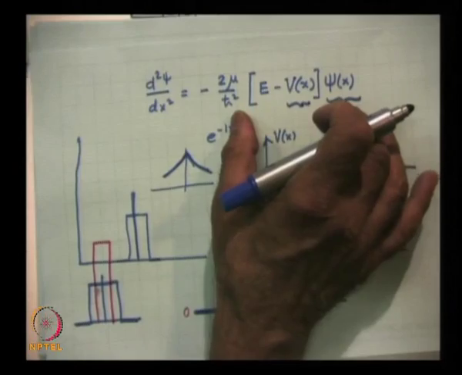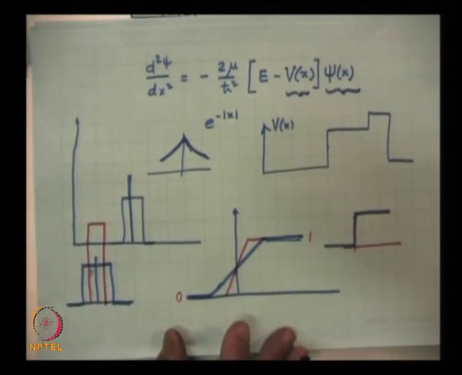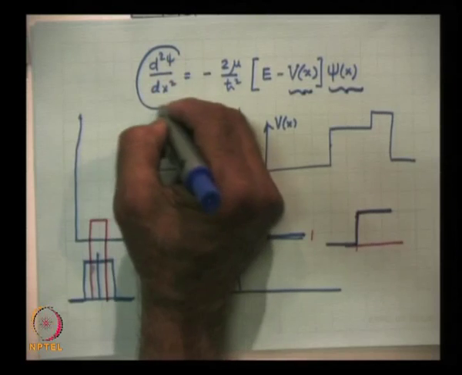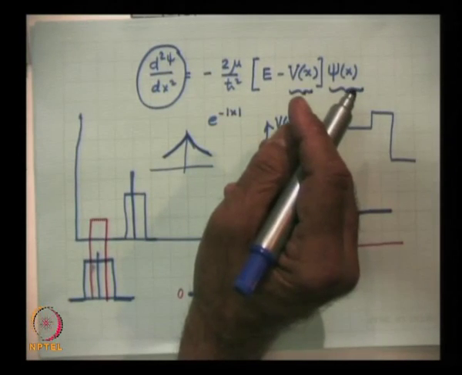So, the right hand side is finite and continuous, but the double derivative is discontinuous. So, that is not possible. So, the derivative has to be continuous. And in fact, if the wave function is discontinuous, then its derivative is discontinuous and its double derivative is more discontinuous.